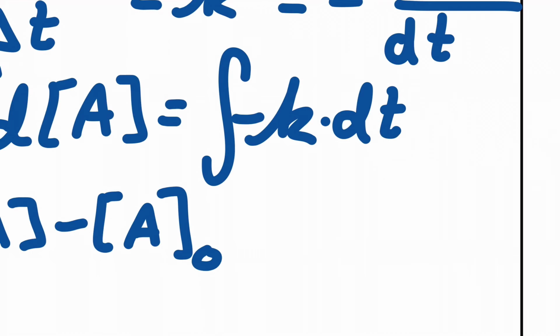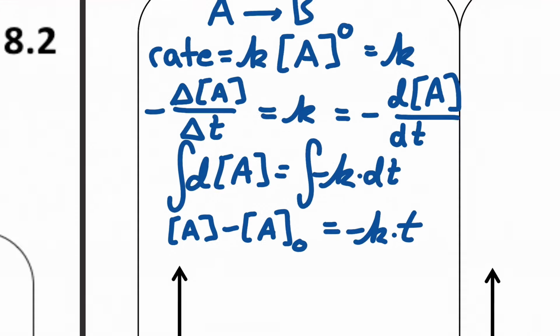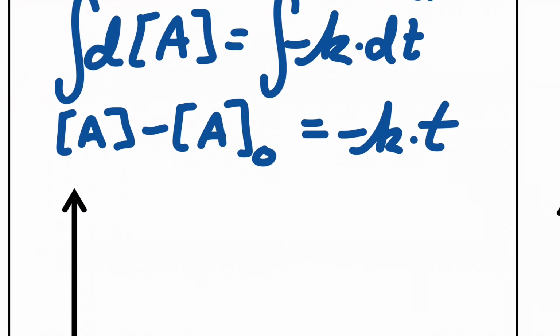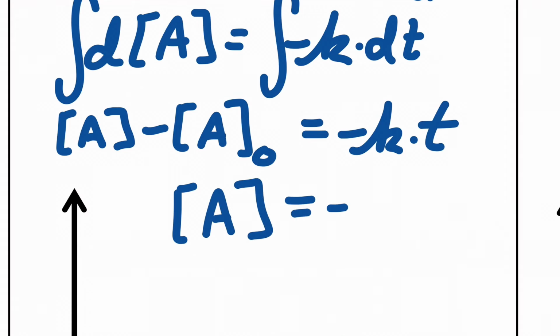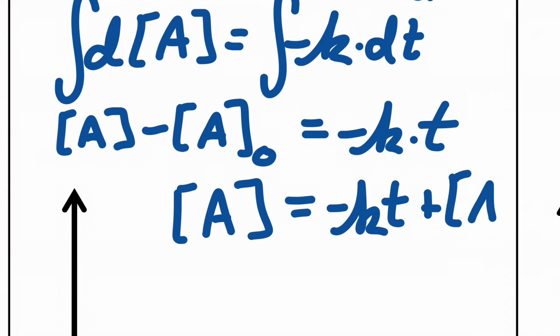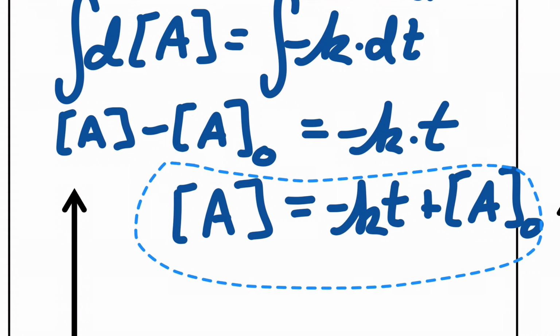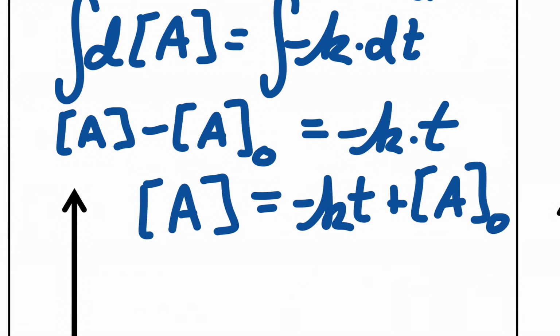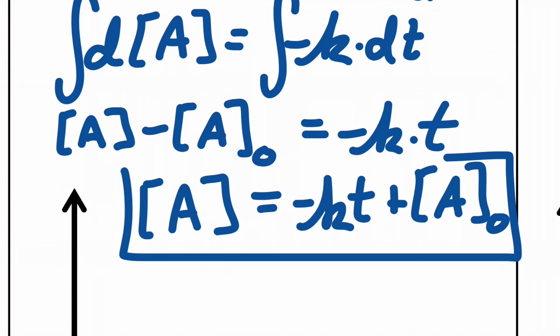An initial t I'm just going to call 0. So that just becomes negative k, the constant, times the time, t. And if I rearrange and solve this for A, I get the concentration of A at some time is equal to negative kt plus the original concentration. That's called the integrated rate law for a first order process, and I'd like you to put a box around that. That's our derived rate law.